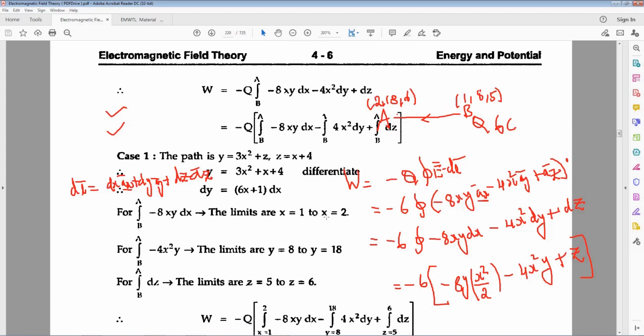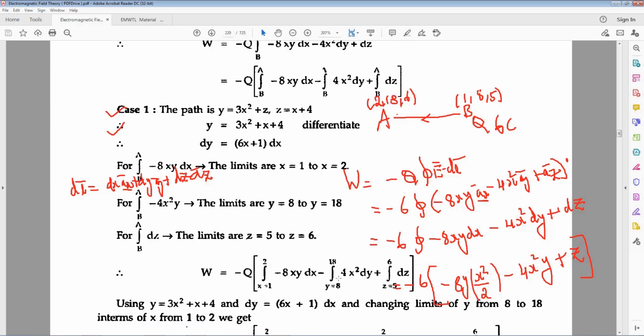So the x value is from 1 to 2. We can apply here the integral of minus 8x into xy; the x value gives only x square by 2. And minus 4xy, the integral where the y values are 8 and 18. And the integral of dz, the limits of z are 5 and 6.